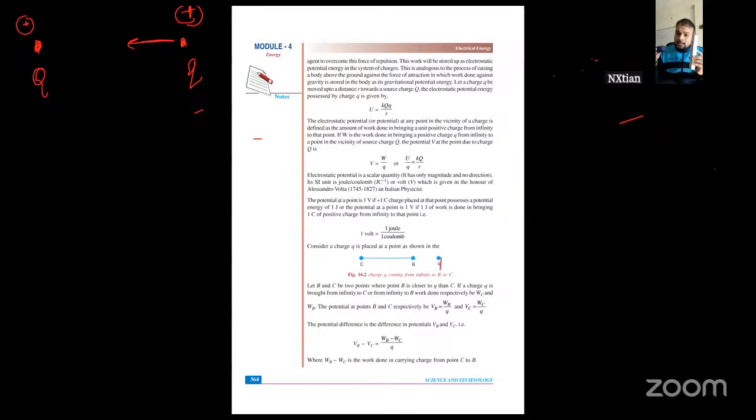So the work done by me to bring the charge q to the other charge Q is basically electric potential.